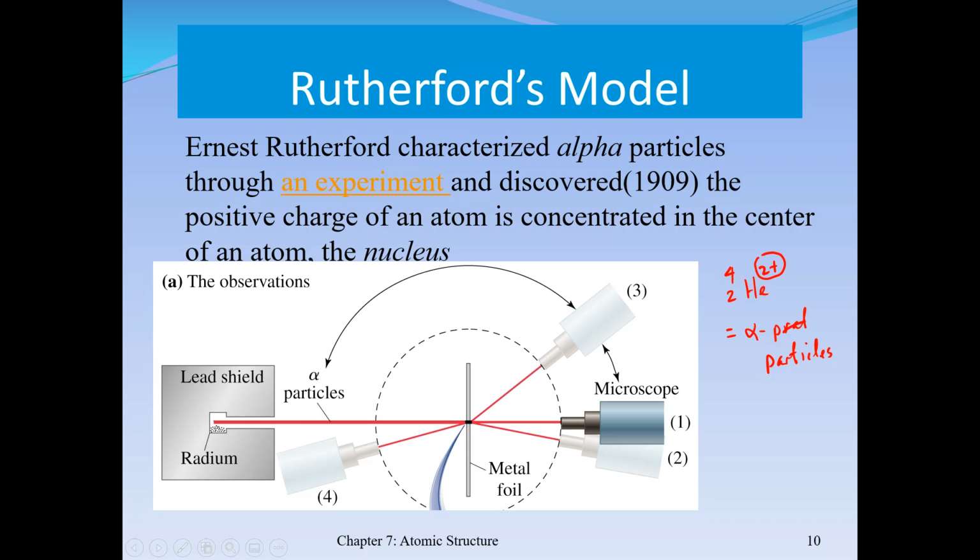Now, if J.J. Thomson's model was true, then one would expect that because the alpha particles are positively charged, and because most of the atom would be positively charged, the alpha particles would simply be repelled by the atoms, according to the J.J. Thomson idea. What was found, however, was that most of the alpha particles pass right through the gold foil and can be detected directly on the other side by this microscope here.